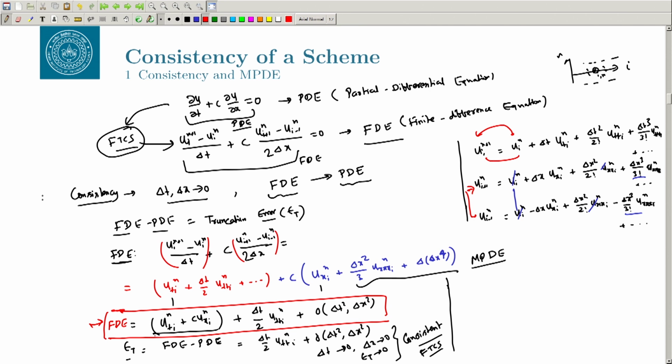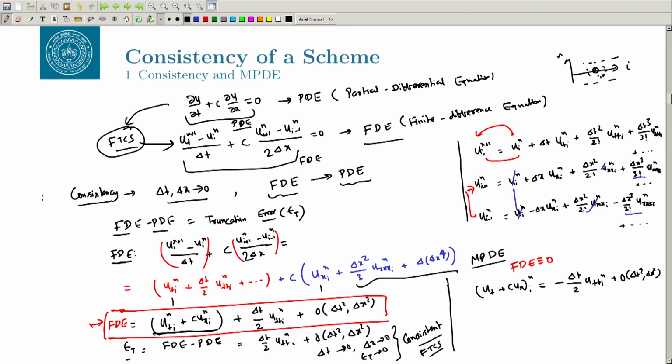So we are solving FDE equal to 0 in our computer. FDE is identically 0 in our computer, that is what we are solving. That means what we are solving is u_t plus c u_x at i, n, which is equal to minus delta t by 2 u_tt at i, n, plus order delta t squared, delta x squared.